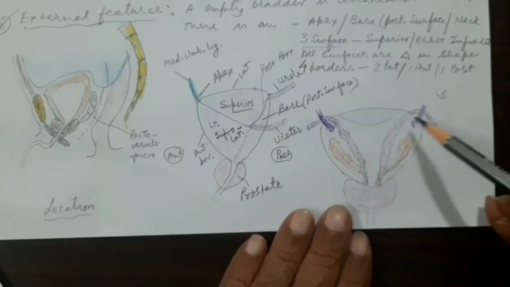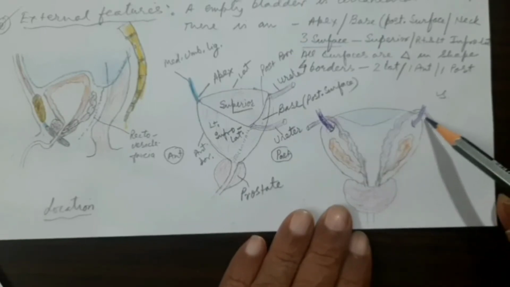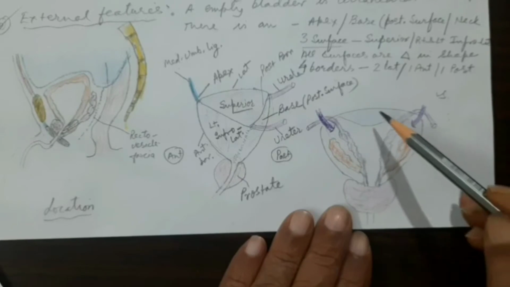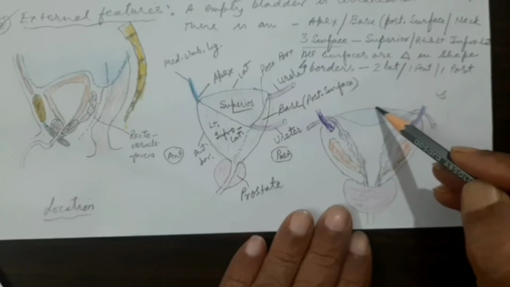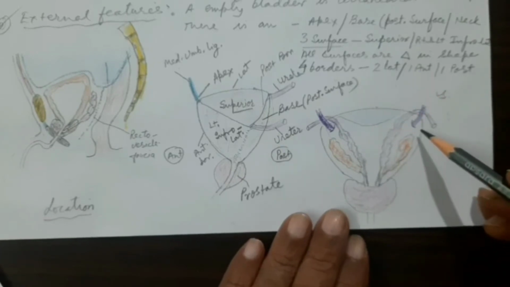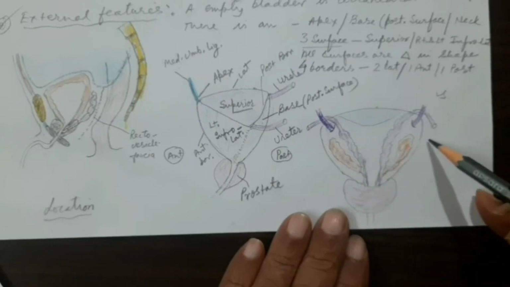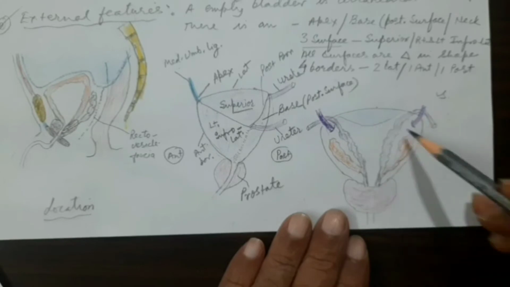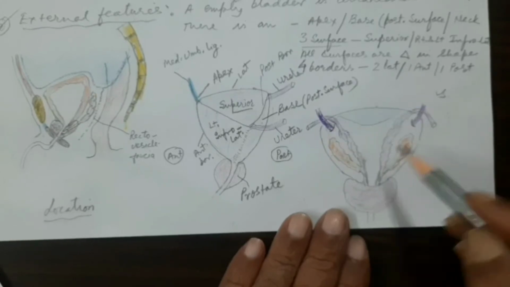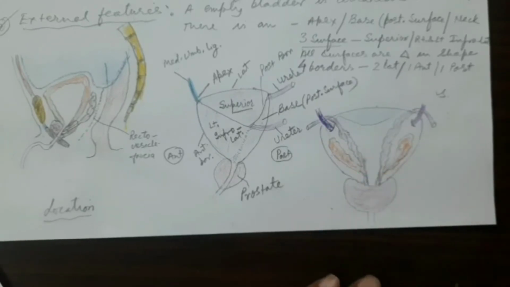As I said, all surfaces are triangular. This is also triangular. The posterior border is here, and these are indistinct rounded borders which are continuous with the infralateral surface on either side, right side as well as the left side.